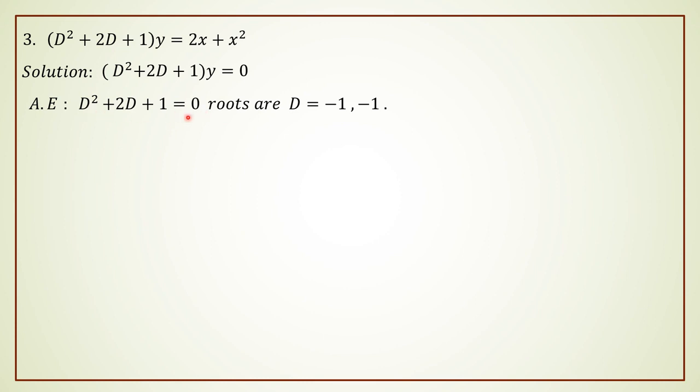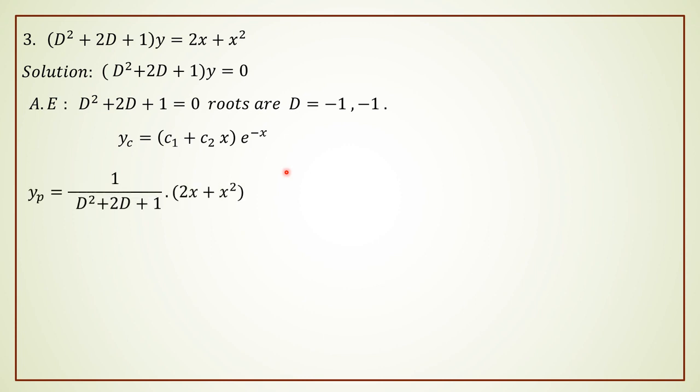As it is a quadratic equation, the roots over here are minus 1 and minus 1. Okay, calculator shows only one root, but since it is a quadratic equation, that implies that minus 1 is the repeated root. Okay, so the corresponding complementary function over here is yc is equal to c1 plus c2x into e to the power minus x.